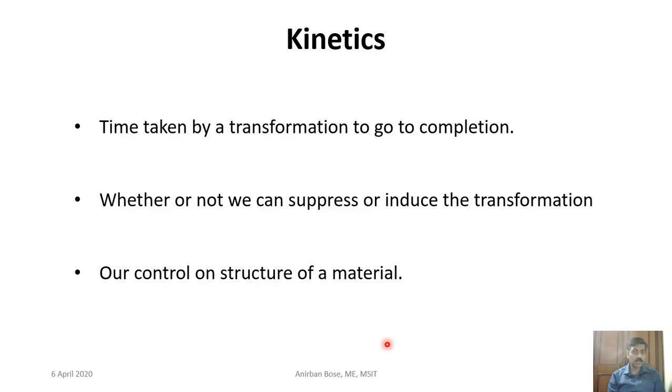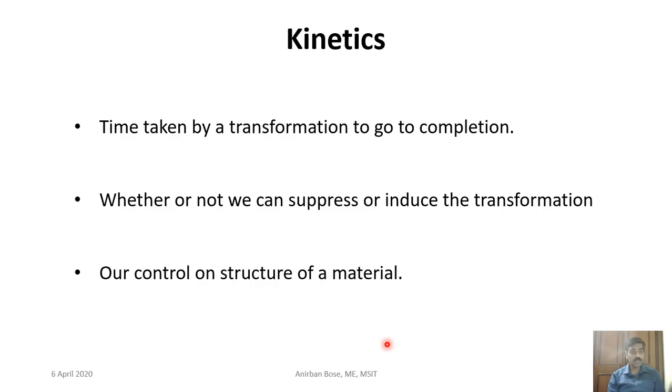So if the process is very slow, a kind of quasi-static, then we get the phases that we have seen in the equilibrium phase diagram. But the practical scenario is different.